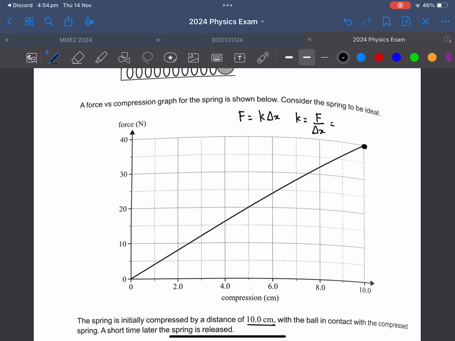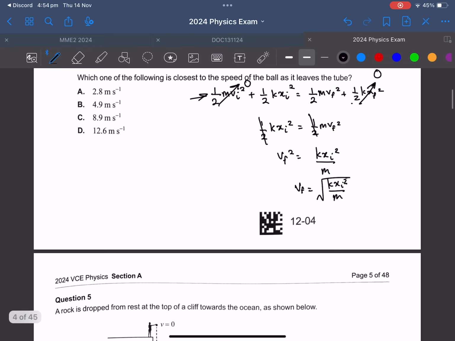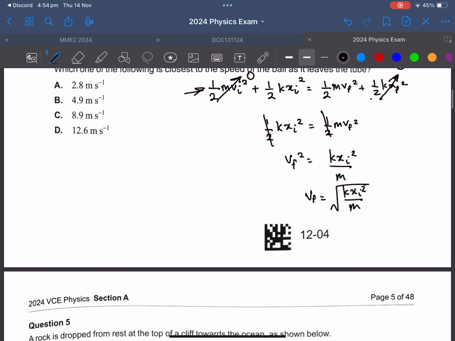Okay, so then force is going to be 40 newtons divided by, this is in centimeters, be careful, so that would be 0.1 meter. So that would be 40 divided by 0.1, okay, 400, so 400 newtons per meter. Okay, now we just simply substitute the values in here.